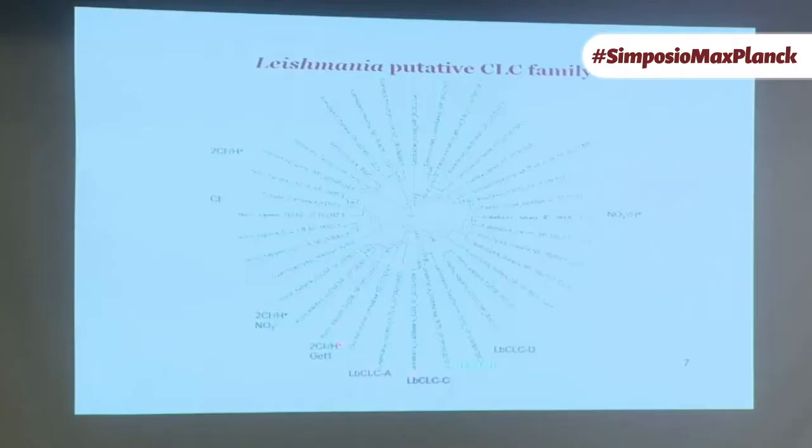And in the case of the Leishmania, one of them, which is the one that I'm going to talk about in more detail, it's relatively close to the only CLC that yeast has and that we know already is expressed in one compartment inside the cell, which is the Golgi apparatus. And surprisingly enough, in that location, what this CLC is doing is guaranteeing the proper expression of some transporters, in particular transporters related with the transport of iron.